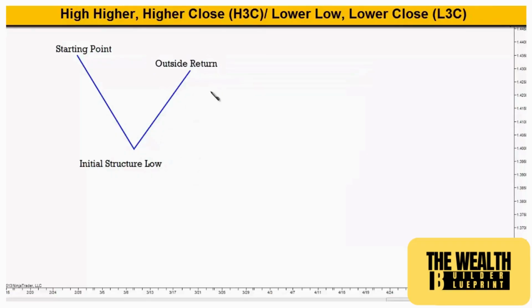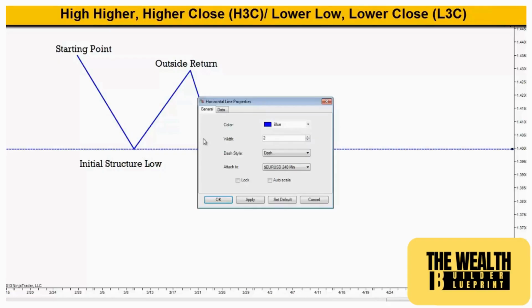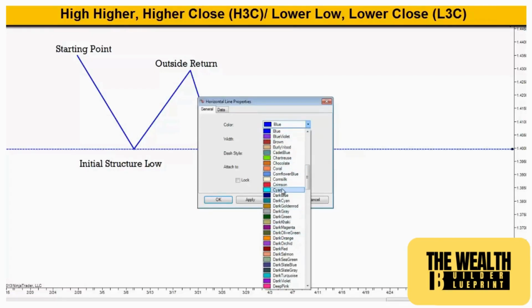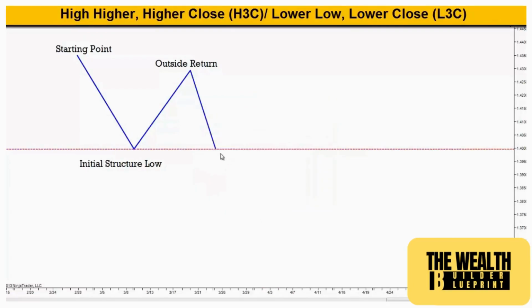The next thing we need to determine if we are indeed in a bearish trend is for the market to create a new structure low, and that's going to be created by us getting a lower low, lower close at this structure level.